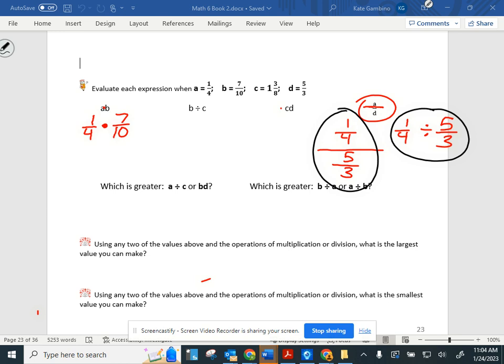Okay, so don't get confused when you see that fraction bar there and you have a fraction over a fraction. It seems really goofy. But think about what it means. It just means you're dividing one by the other. So write it out this way and you'll know how to do the math, right?